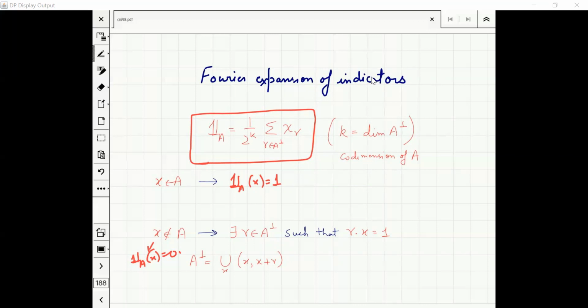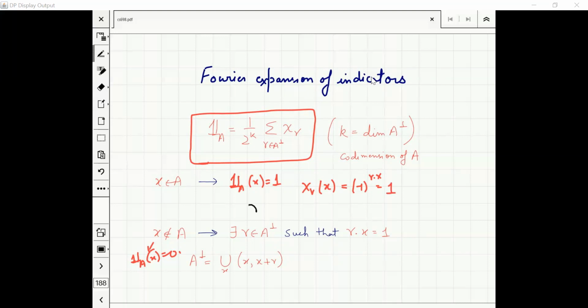If x is an element of A, then what is the value of chi gamma of x? It will be 1 for all of these, because gamma dot x is 0 for all gammas.